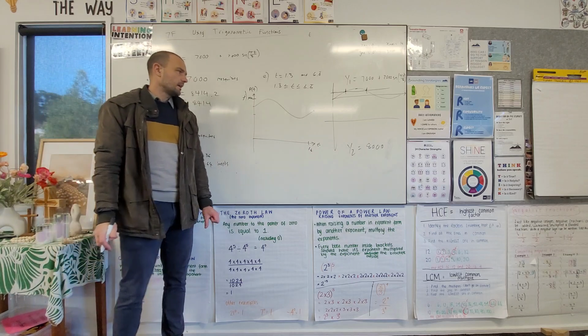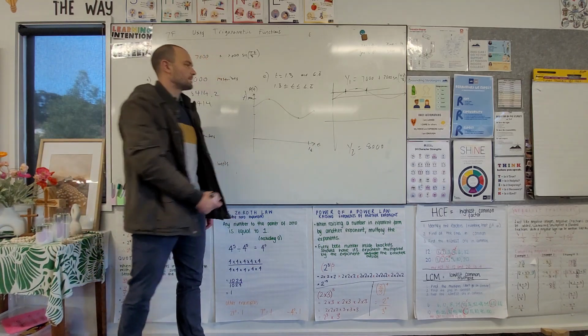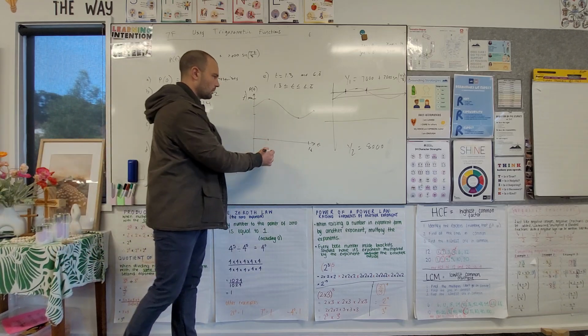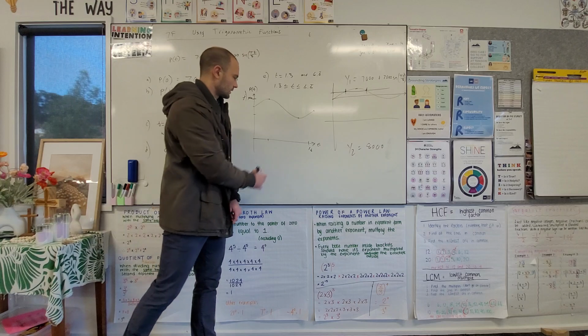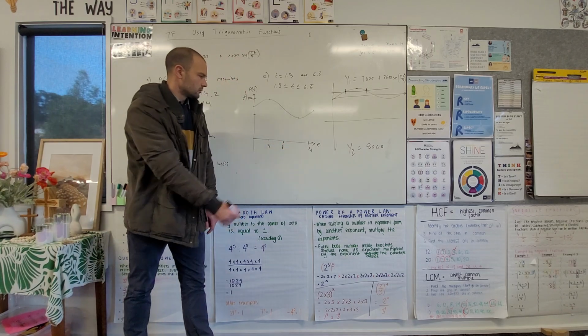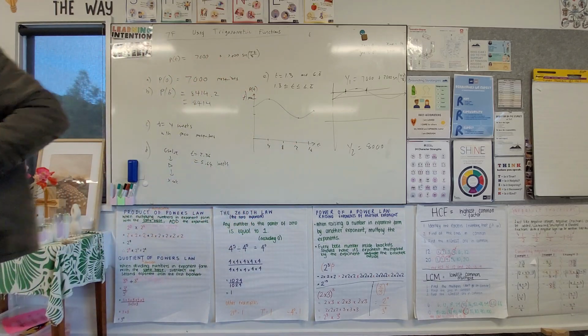A couple of key things that we need: each point has to correspond in its correct position. For example, we have a population of 9,000 at 4 weeks. 4, 8's about here, 12's about there. So we're getting all that scale correct.